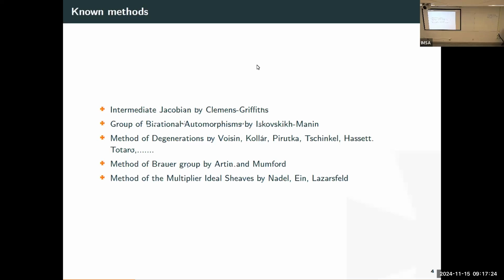Approximately at the time of the intermediate Jacobian, Artin and Mumford introduced the method of Brauer group, which of course later was combined with the degeneration method. And another method which led to another proof of non-rationality of the three-dimensional quartic is the method of multiplier ideal sheaves.